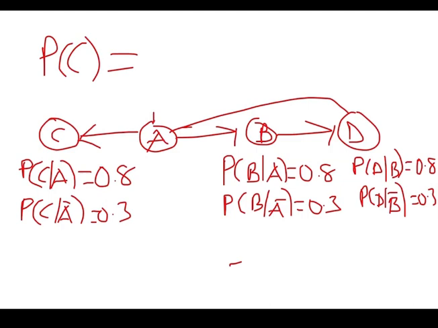Don't forget, according to this structure, C depends on what? A. So if I want to find the probability of C, it is going to be total probability, where I consider when A is observed and when A is not observed. So if I want to write the probability of C now, are you surprised to see this?